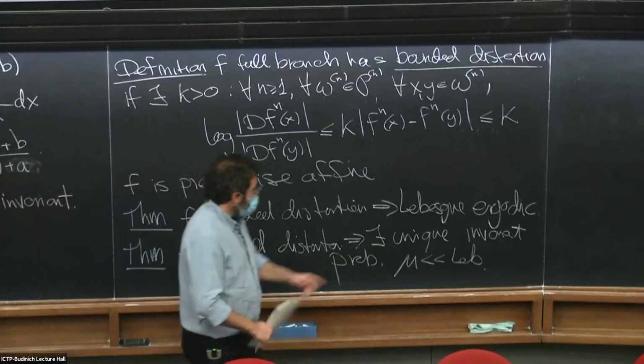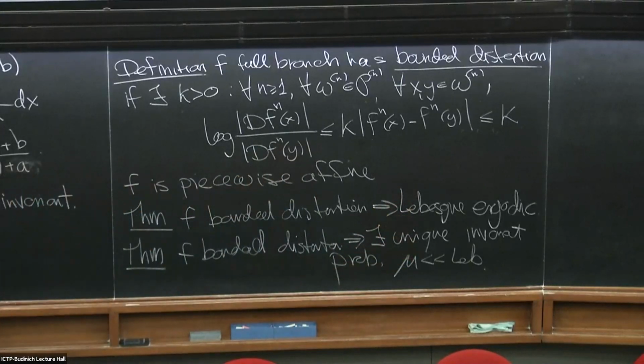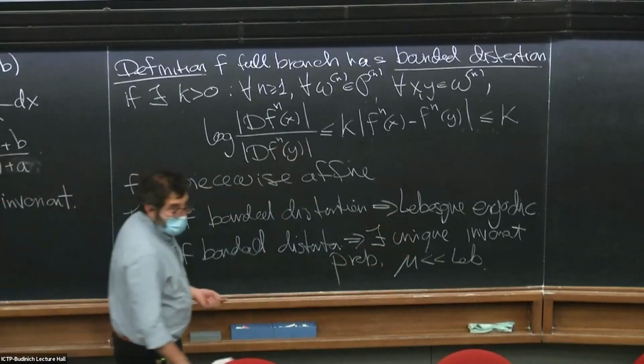So the problem is that these are two different measures, right? Lebesgue is ergodic and mu is invariant.